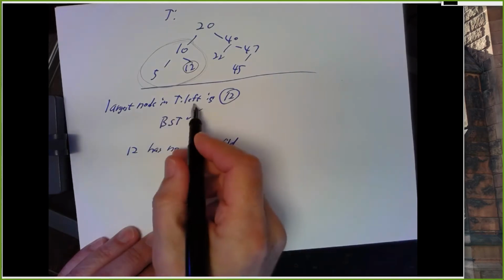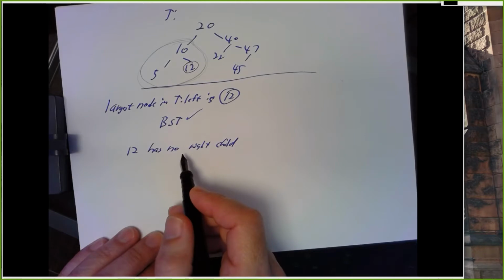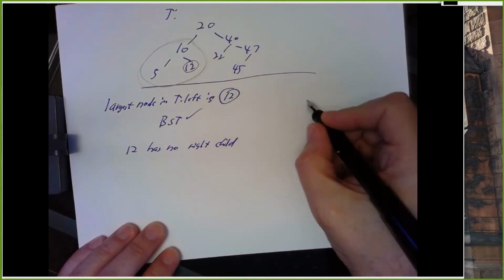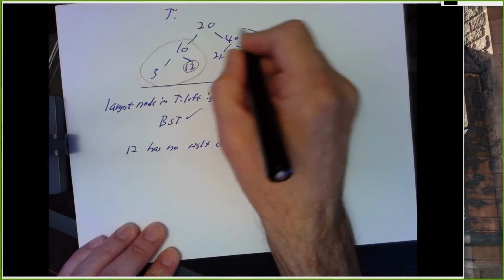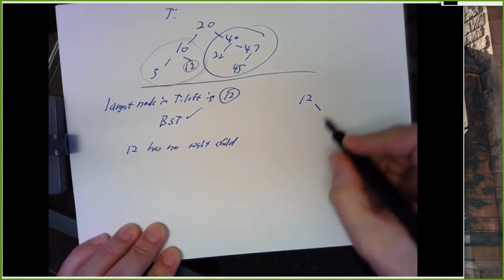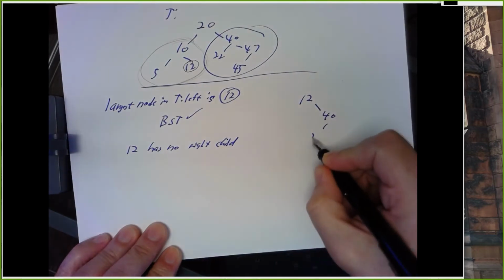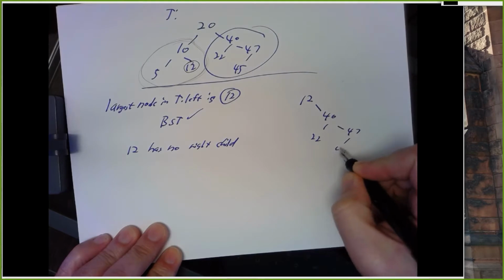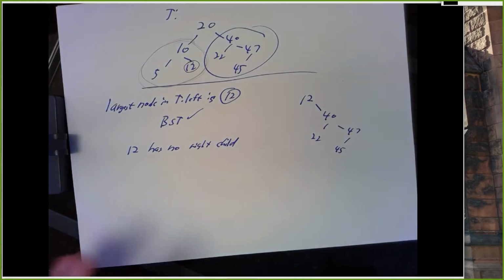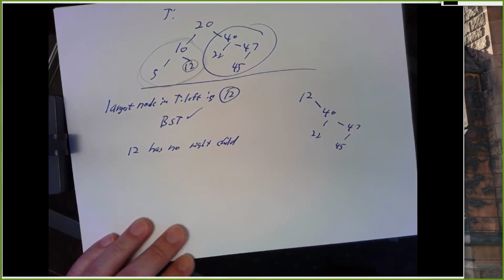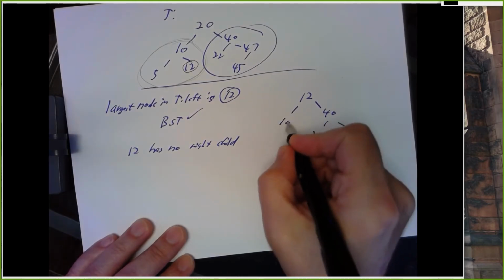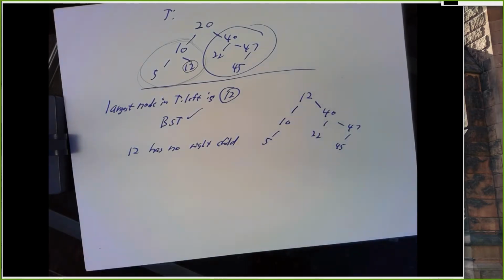So because 12 is the largest node in the left subtree, it has no right child, so 12 is totally free to adopt on its right the original subtree on the right of the root. So that's all fine. And then on the left we have our other tree.